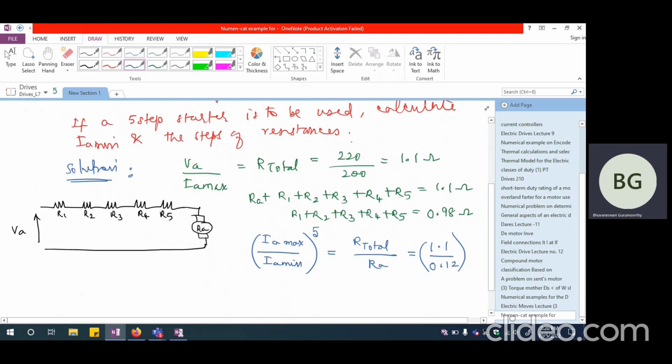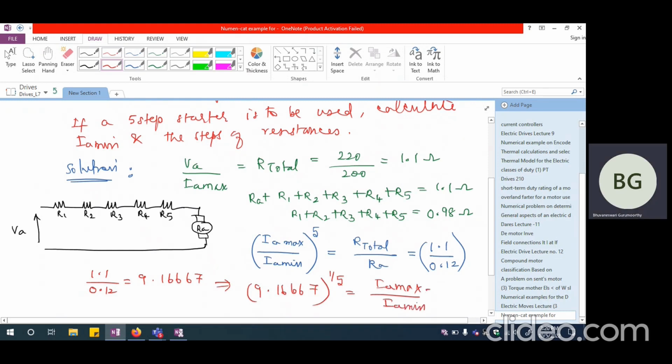So this 1.1 divided by 0.12 is equal to 9.1667. So from here I should say 9.1667 whole power 1 by 5 should be equal to IA max divided by IA minimum.